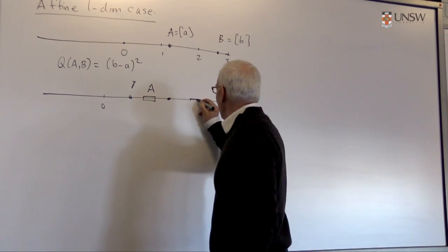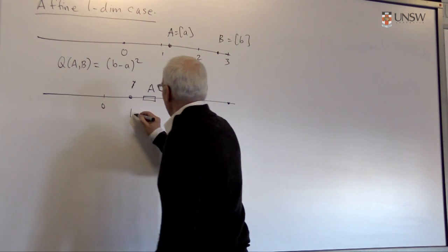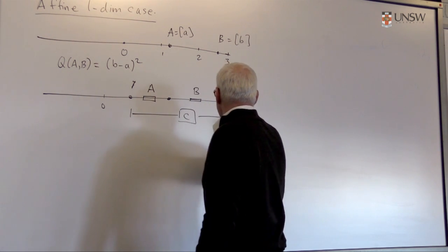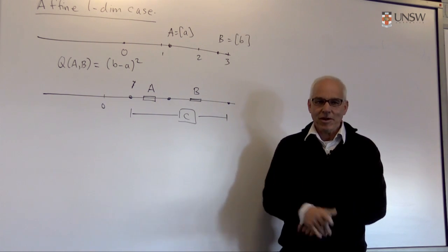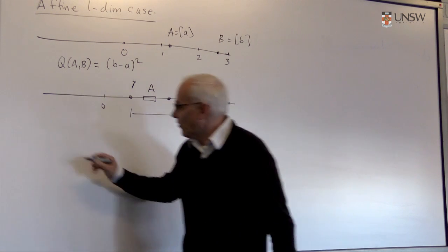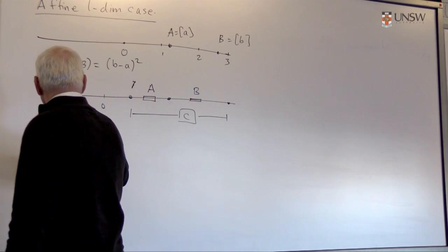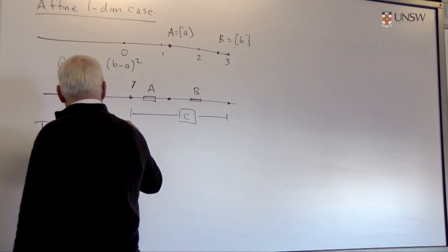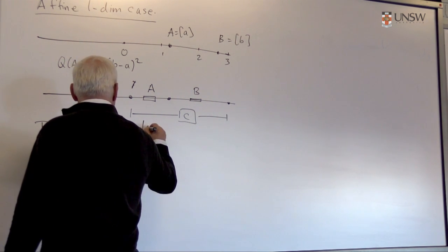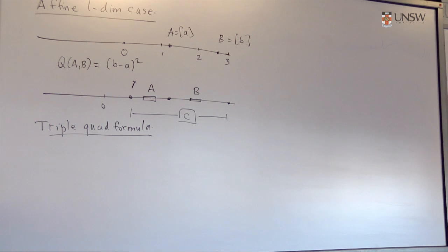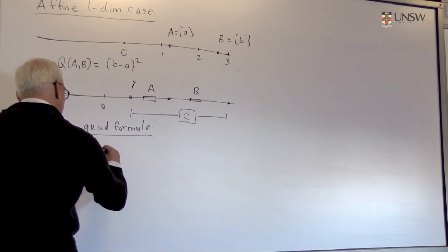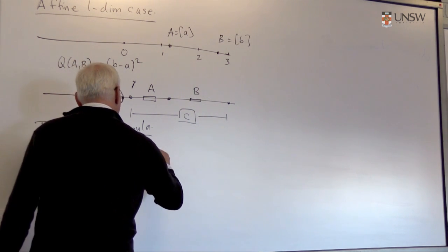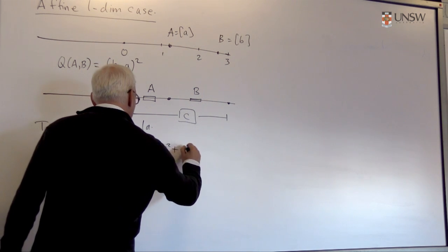The quadrance between these two points is B, and the quadrance between these two points is C. So now we come to probably the fundamental formula of the subject, even though it's very simple, which is the triple quad formula, which tells us what the relationship is between these three numbers, A, B, and C. The formula is that (A plus B plus C) squared equals 2 times (A squared plus B squared plus C squared).